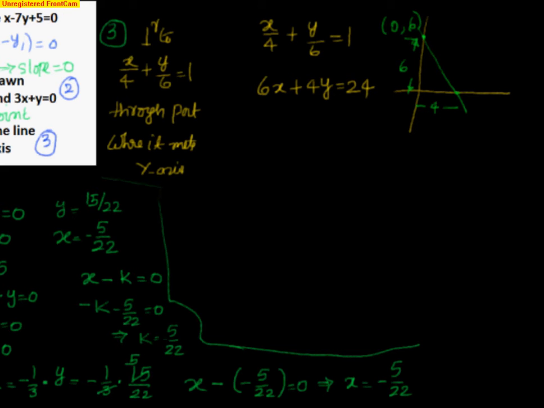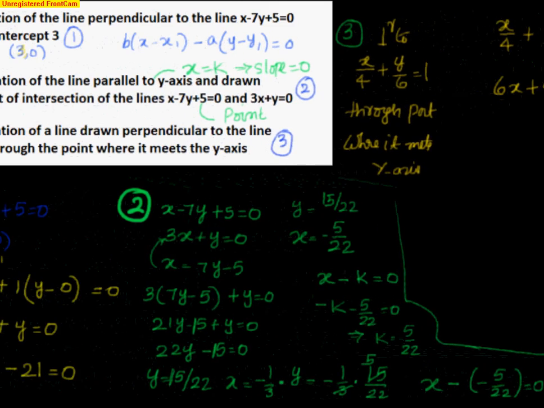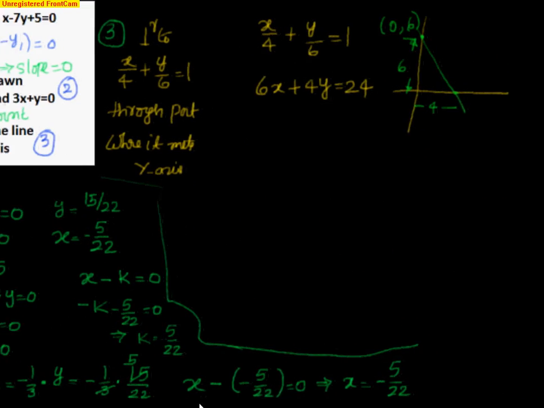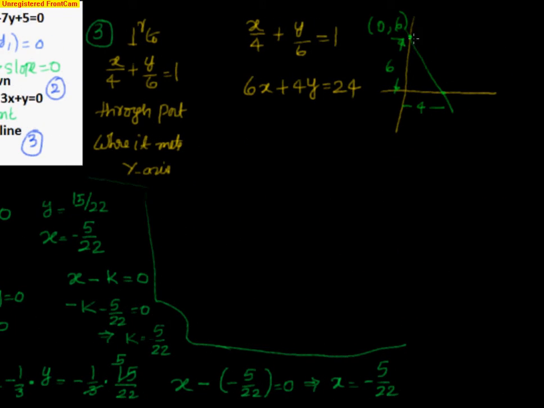Now what is he saying? He wants to draw a line perpendicular to the given line through the point where it meets the y-axis. That means you want to draw the perpendicular line at this point. That means the line will also pass through it. So I know the point through which it is passing.